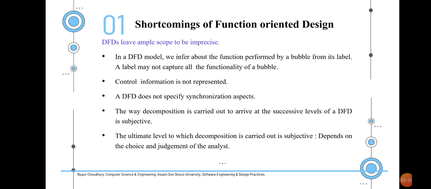So basically DFDs leave ample scope to be imprecise, which means the representation is not always very accurate. In a DFD model, we infer the function performed by a bubble from its label. However, a label may not capture all the functionality of the bubble. For example, if a bubble is representing registering a customer or registering a student, it does not represent all the functionalities that particular process is capable of performing.